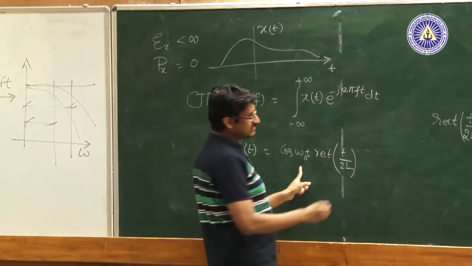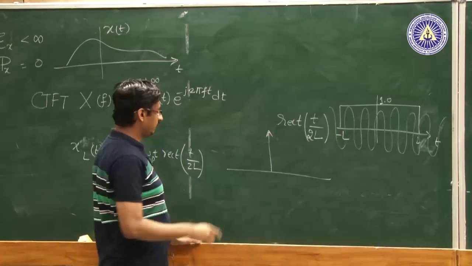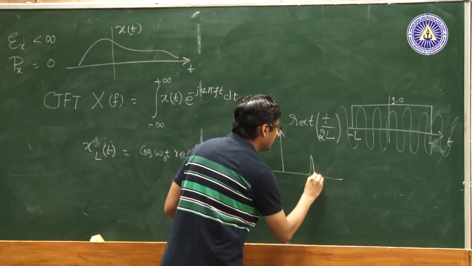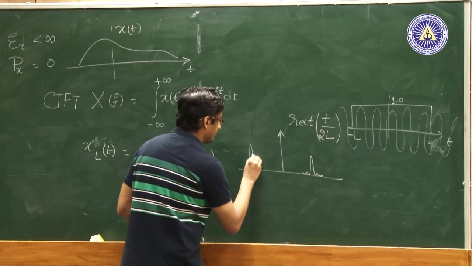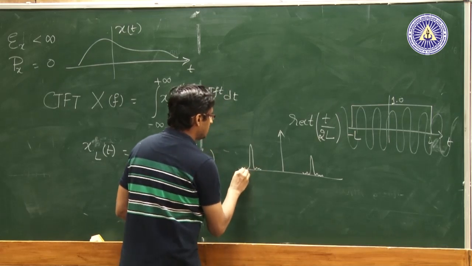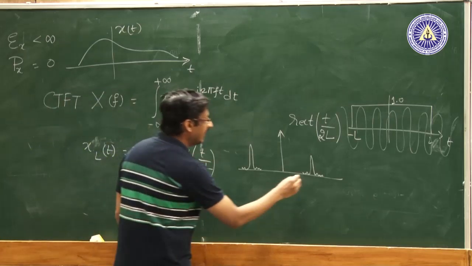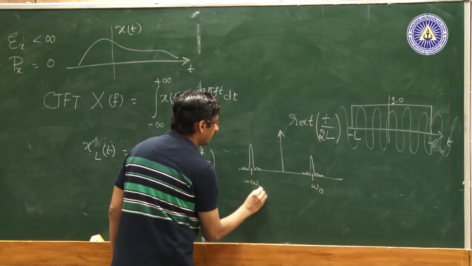The spectrum of such a signal, you can show that, I will not show it, but I will discuss the importance of that. You can actually show that the spectrum would look something like this. Sorry, these two should have the same amplitude, I just probably did not write the same amplitude, and the spectrum will be centered at omega 0 and minus omega 0.